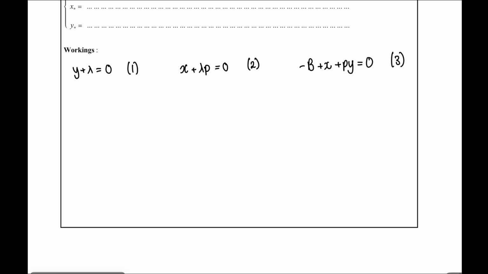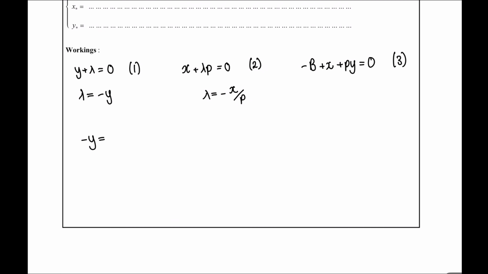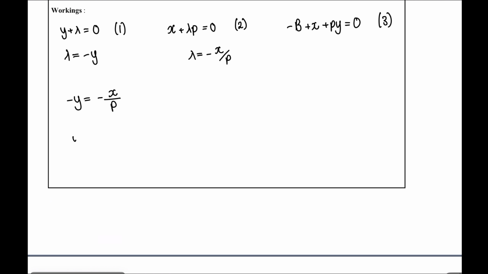If I make lambda the subject for equation 1, we get lambda is equal to minus y. Doing the same for equation 2, we get lambda is equal to minus x, so moving that to the other side, and then we divide by p, so minus x divided by p. If I now equate these two functions together, we get minus y is equal to minus x over p. Now this is the same as y is equal to x over p.